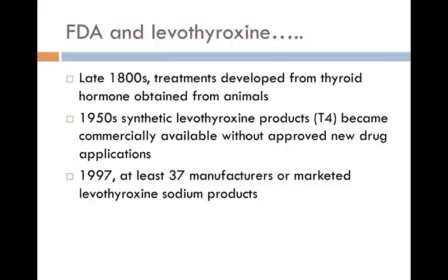All right, now we get into some interesting things about the FDA and levothyroxine. Thyroid replacement was one of the first drugs that we had available. They took the hormone from animals. In the late 1800s, we started supplementing thyroid from animals. In the 50s, we started having the synthetic T4 available, but it was before all the new drug application rules that we now have in place for the FDA.